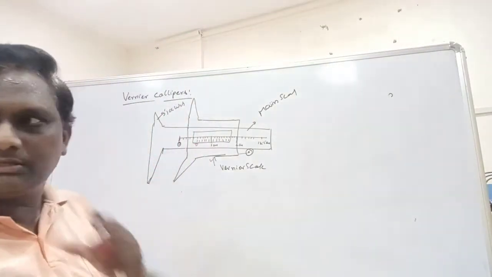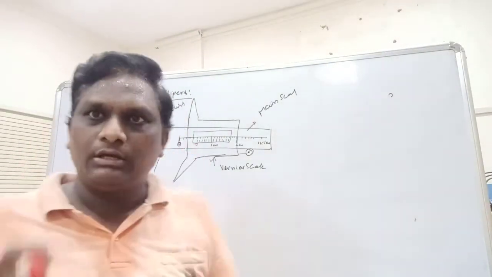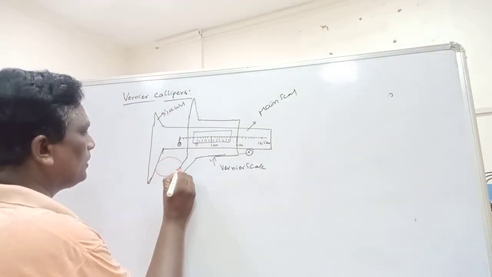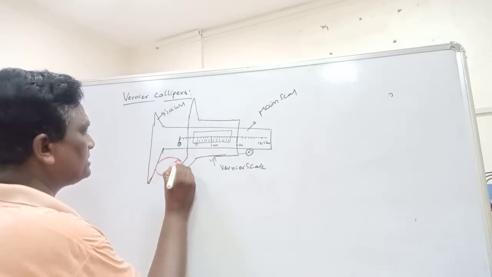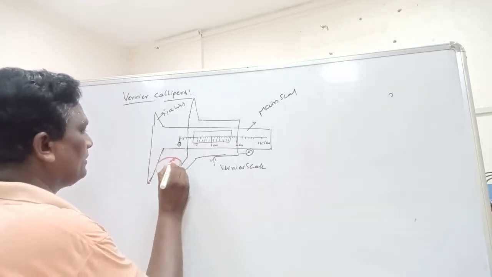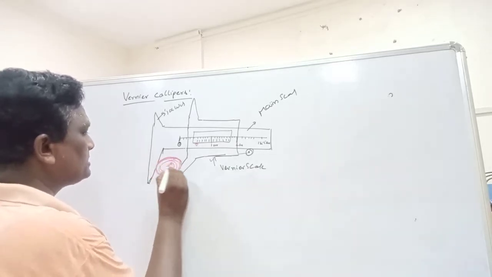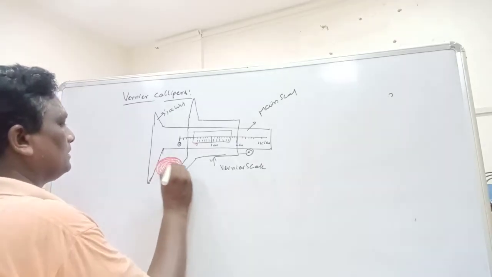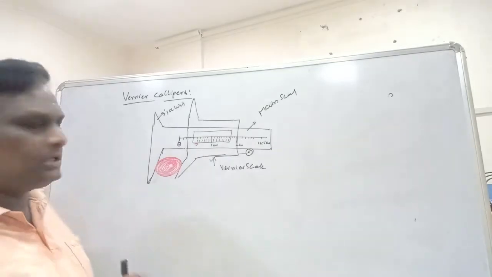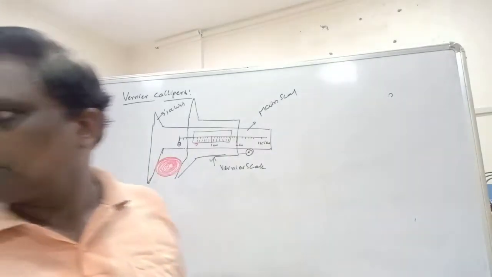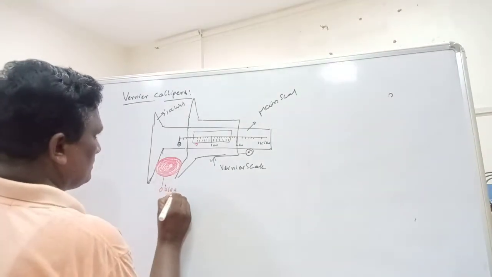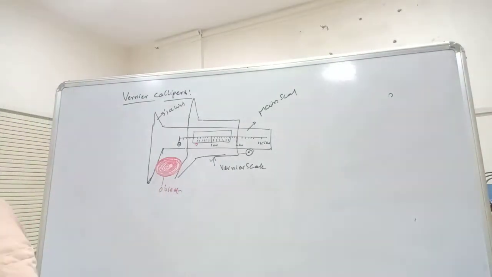These two are jaws. You put that object between these two. This is the object, and this diameter you want to find out.